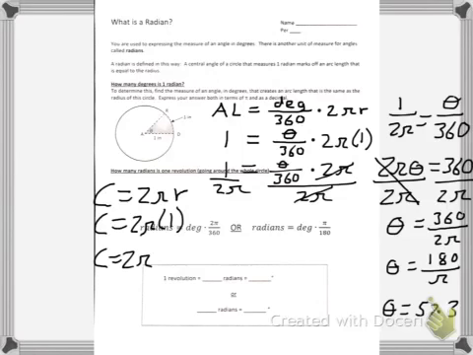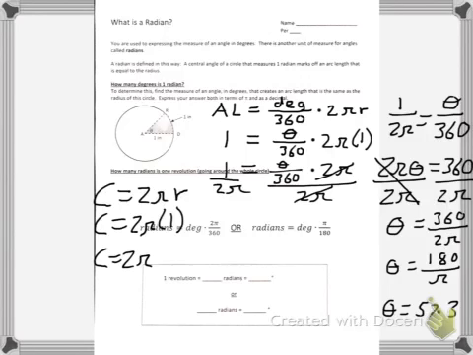So what we've done here is show you how to convert from radians to degrees. You see the two equations there in the middle. It says radians equals degrees times 2 pi over 360, or if you reduce that fraction, radians equals degrees times pi over 180. Now let's fill in the blanks in the box at the bottom.